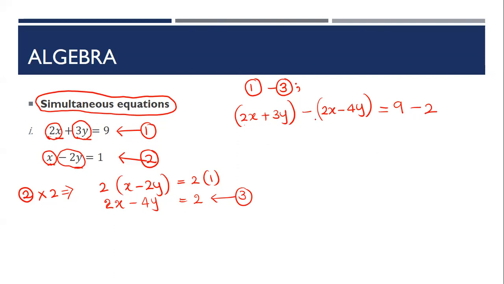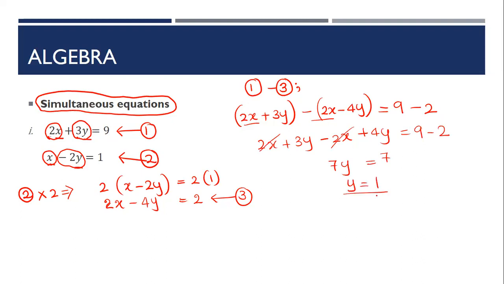So 2x minus 2x cancels, 3y minus minus 4y is plus 4y, and 9 minus 2. So 3y plus 4y is 7y is equal to 9 minus 2 is 7. So we are getting our y value as 1.